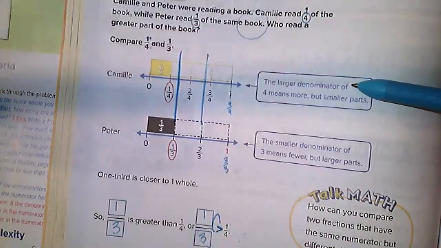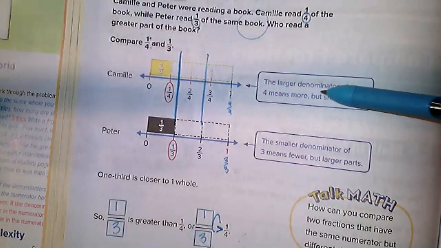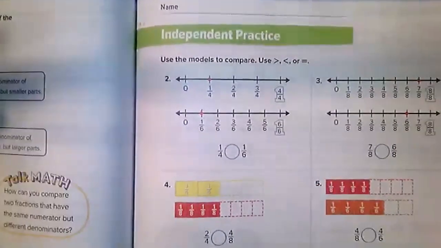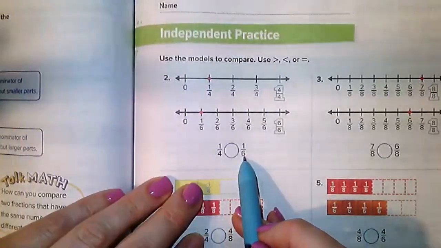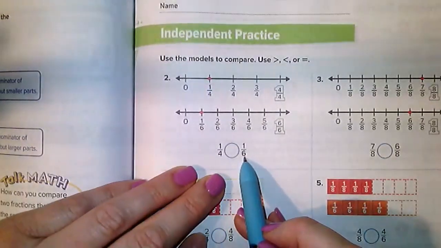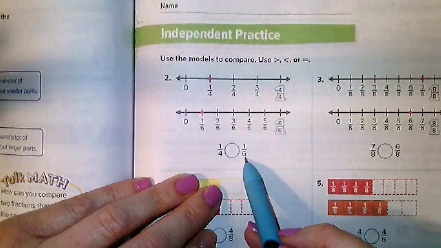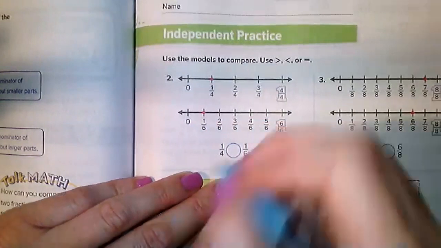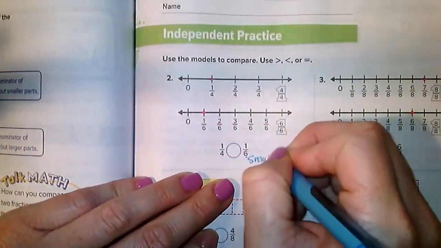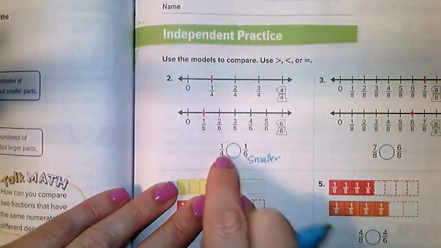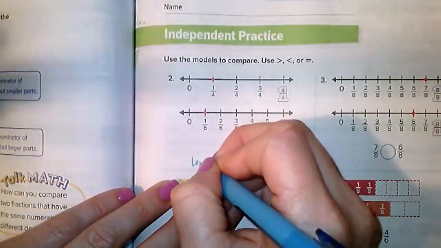The larger denominator of 4 means more, but smaller parts, okay? So even though it's a larger denominator right here, okay, it's smaller pieces, okay? You may be able to feed more friends, but those friends are going to get smaller pieces, right? You may only be able to feed 4 friends, but they're going to get a little bit larger size, right?